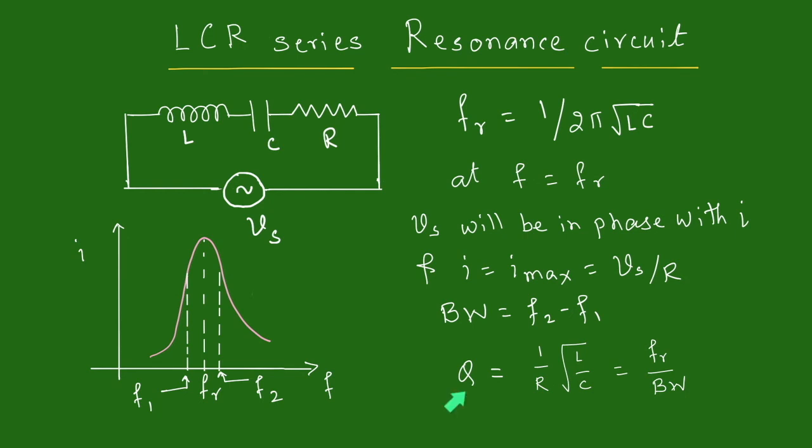Quality factor of the circuit is given as 1 upon R root L by C, which is also equal to resonant frequency upon bandwidth of the circuit. It decides how good the circuit is in selecting the resonance frequency. This circuit hence has applications for all the tuning devices like radio sets and TV sets.